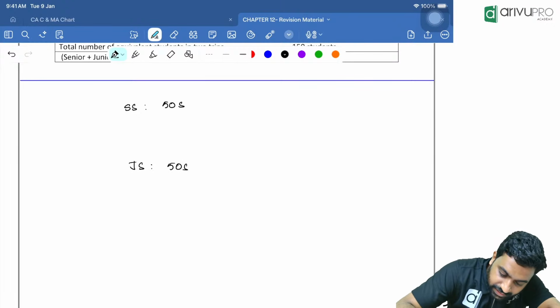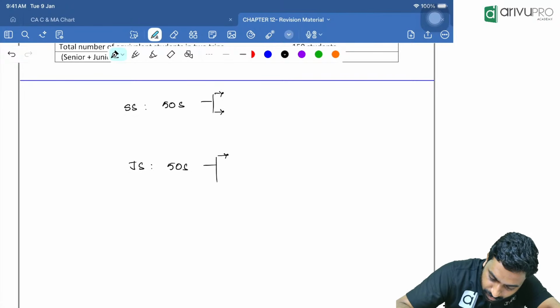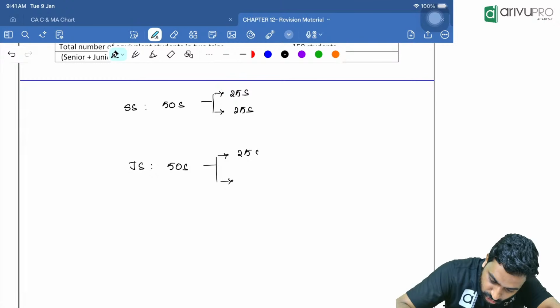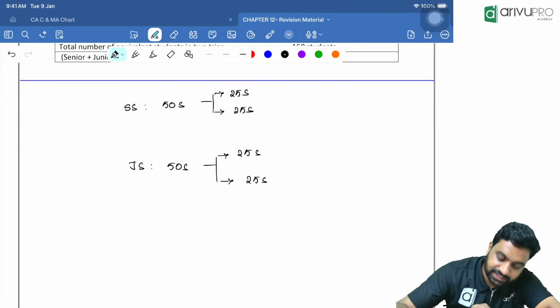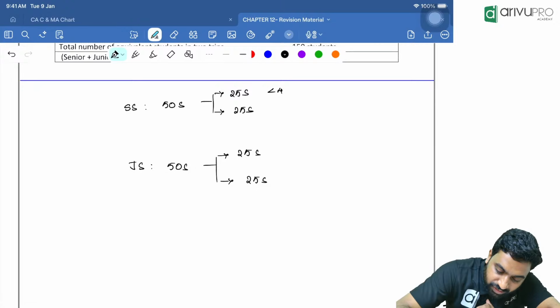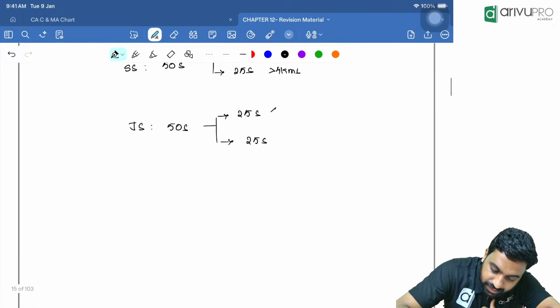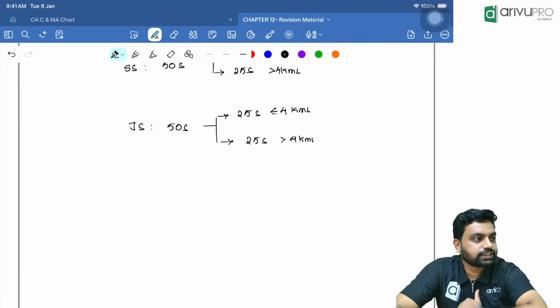Got it? In this, the crowd could be divided into 50%. 25 students, 25 students, 25 students, 25 students. These 25 students are coming for less than 4 kilometers. These are beyond 4 kilometers. Okay. These are less than 4 kilometers. These are beyond 4 kilometers.